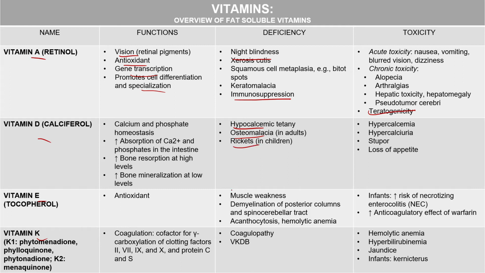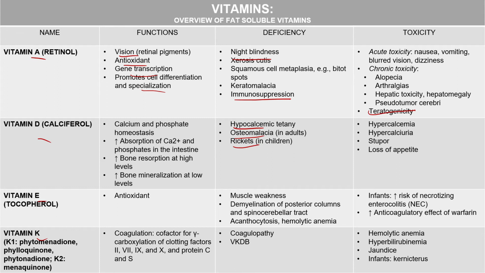I guess you've heard of it for sure. The toxicity leads to hyperglycemia, loss of appetite, and different kidney diseases, because it can lead to calcium salt deposition in various tissues, kidneys also.